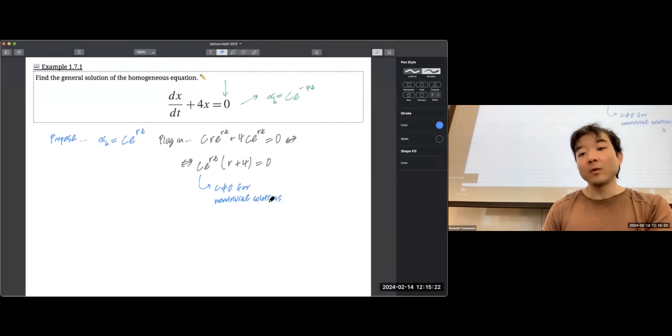In that case, the only thing that is left is to make the r plus 4 equal to 0. And that, therefore, will mean that r has to equal -4.